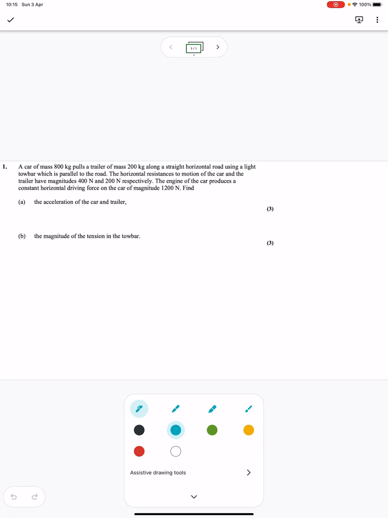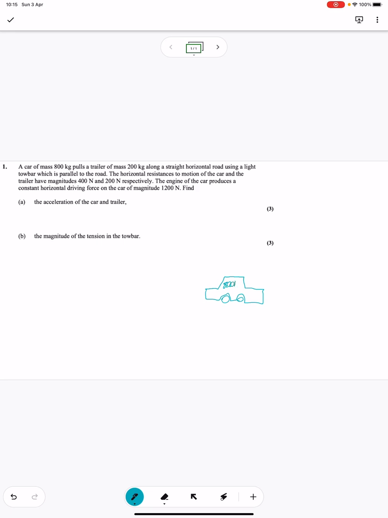Okay, so we've got a car, and it's got mass 800 kgs. And it's pulling a trailer, yep, that's 200 kgs.